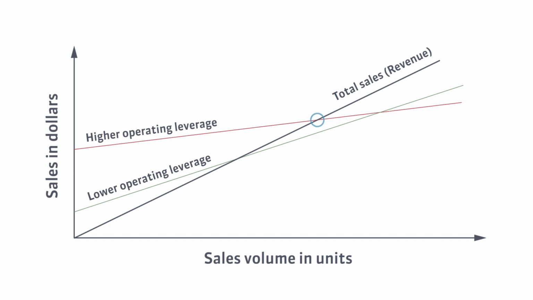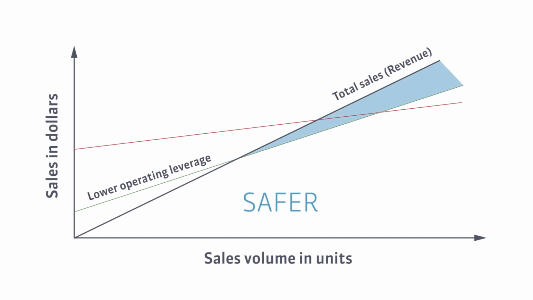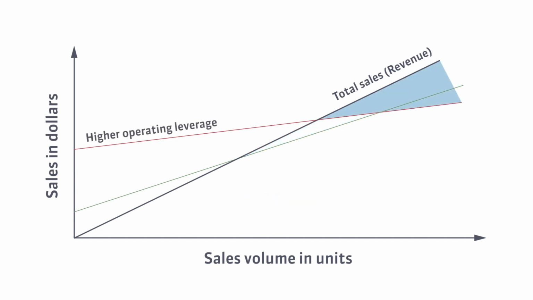As you can see, the break-even point changes with the size of the operating leverage. Now look how operating income is changing. We can say that the lower operating leverage is safer, and higher operating leverage is more risky.